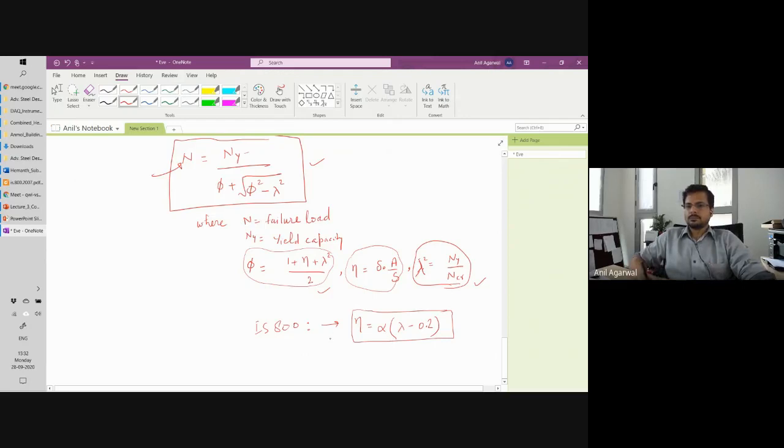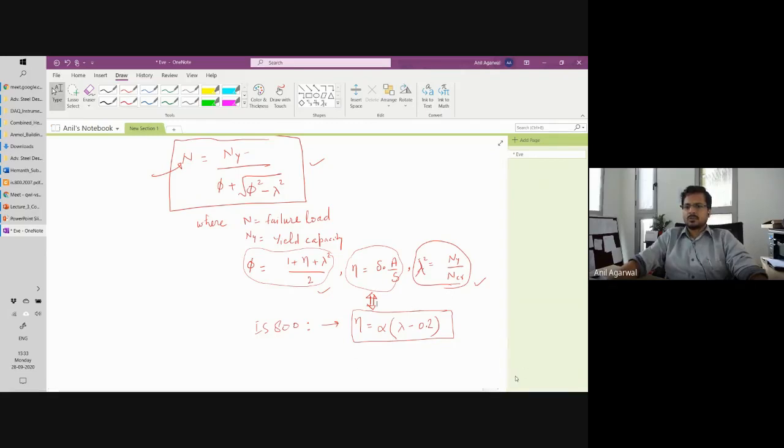So this is the major difference between the Indian code and the theoretical derivation based on an imperfect column and the theory of first yield. Likewise there are other theories, including the residual stress effect, and theories of the fiber in the centroid of the column yielding and so on. There are a couple of other theories also, and they give slightly different expressions.